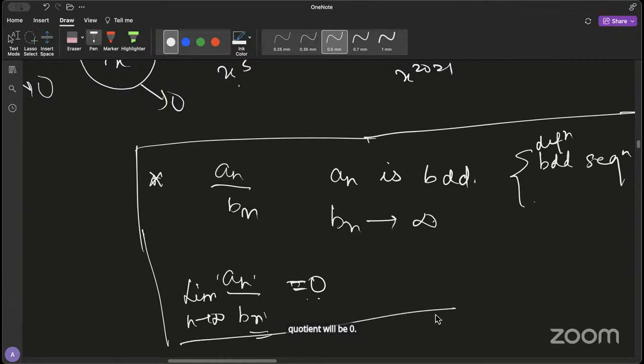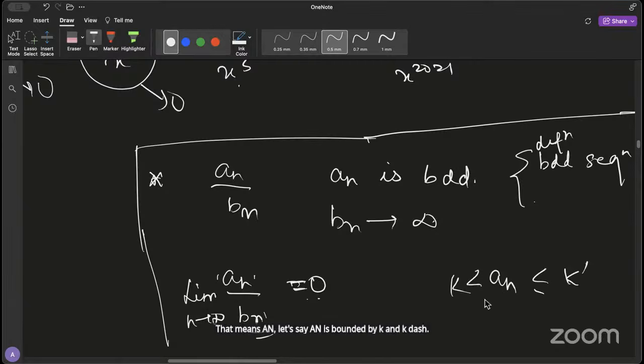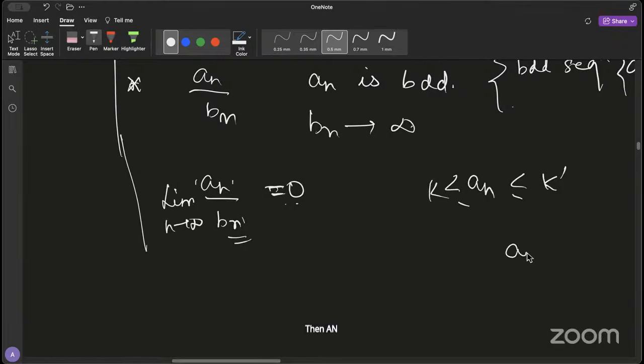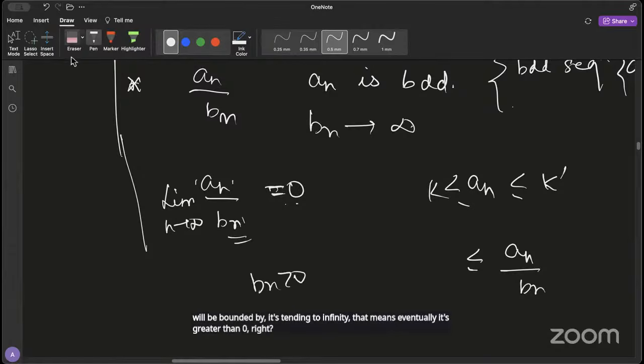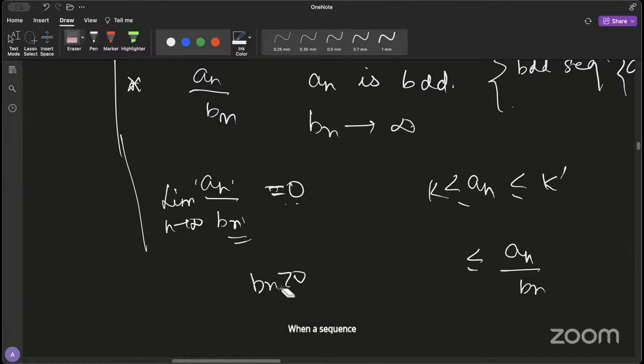Then it will just keep decreasing. You see this, right? If an is bounded, let's say an is bounded by k and k dash, then an by bn... it's tending to infinity. That means eventually it's greater than 0, right? When a sequence tends to infinity, what does that mean?